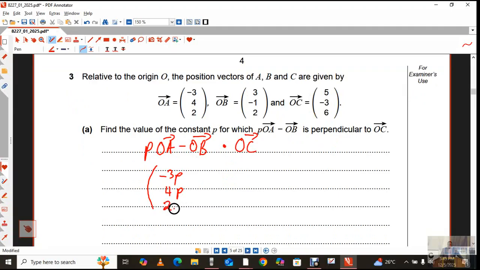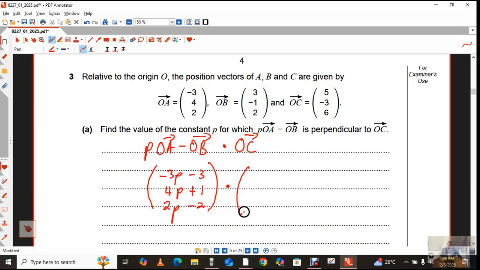I'm not going to stop there. At the same time, they want me to minus OB. So I'm going to minus negative 3P minus 3. So I'm going to have a minus 3 here. I'm going to have 4P minus negative 1, which is going to be the same as plus 1. Okay, double negatives. Then I have 2P here minus 2. So minus 2.